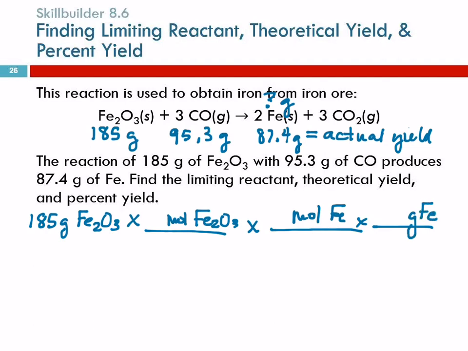And this time I'm writing bigger for some reason and it's not fitting very well. Grams of Fe2O3 down there, so those cancel out. And I need moles of Fe2O3, so those cancel out. And I need moles of Fe down here, so those cancel out.